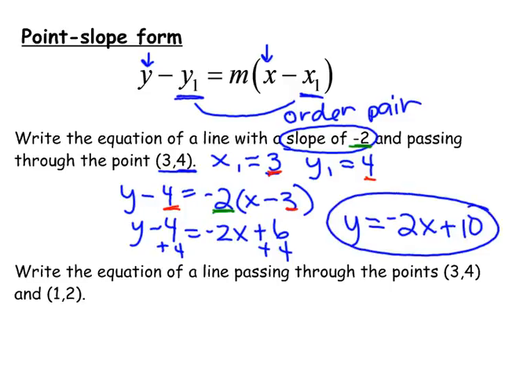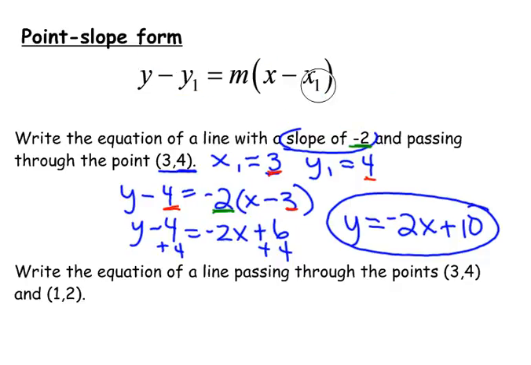So just to recap, we are using this formula right here. Let's see, I'm going to erase all of our arrows here. And say we took our -2 and plugged it in for the slope, and we took our ordered pair and plugged in a 4 for y and a 3 for x, and then we simplified.